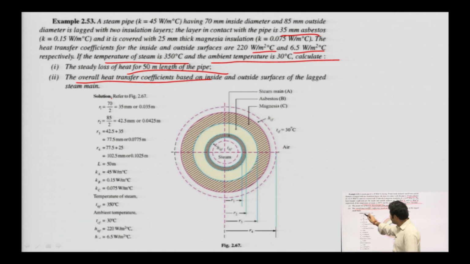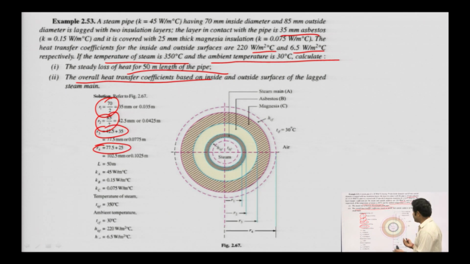So first of all, deduce the radii, and I have already told you how to do it. Just add on the thickness of the insulation after the first radius. So here it is R1, R2, that is already given. Then the addition of the insulation thicknesses, the length is given, Ka, Kb, Kc is already given. The temperature of the steam is given, the ambient temperature is given, the heat transfer coefficients are also given.